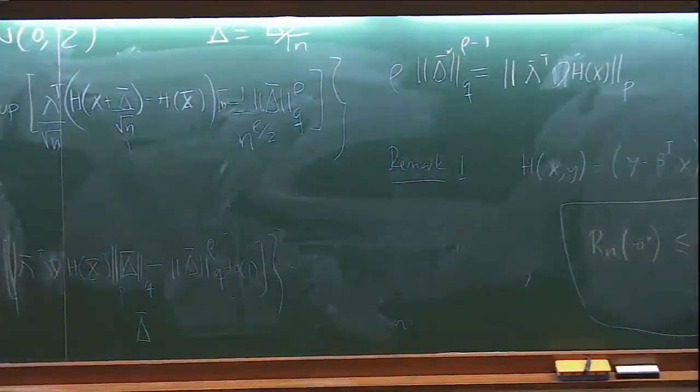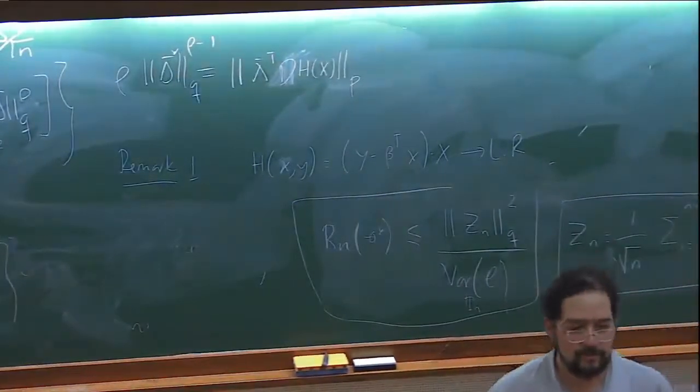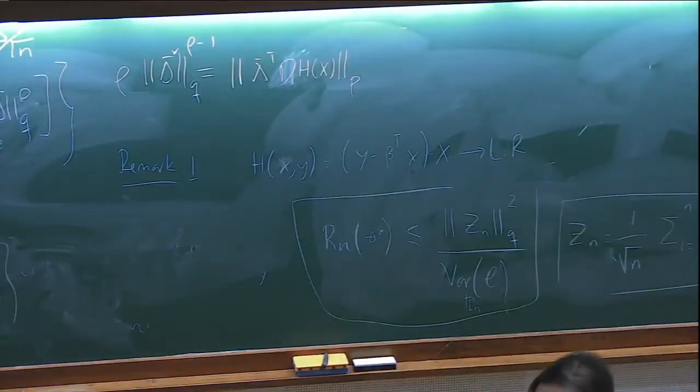And you can obtain an upper bound like this, where Zn is equal to 1 over root n times the sum of xi times the errors ei. So in this case, you can analyze what the quantiles are here as the dimension grows under the standard assumptions in the literature of high dimensional statistics, and you obtain the right scaling.